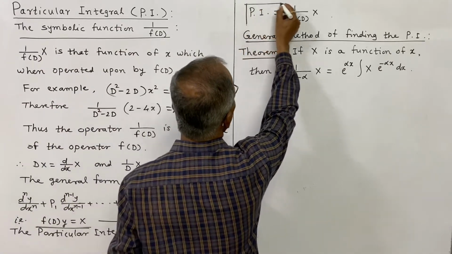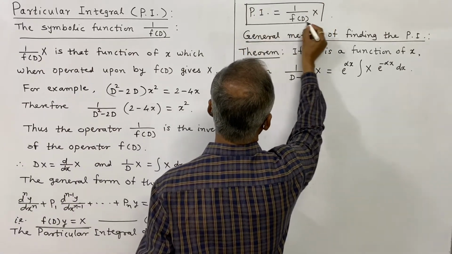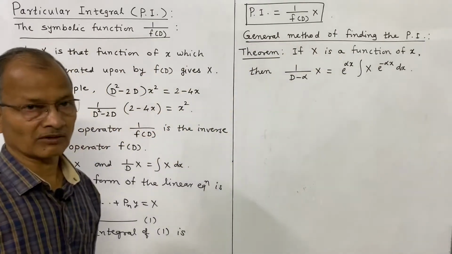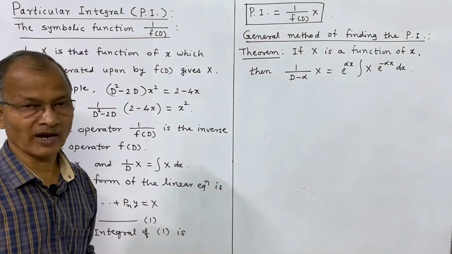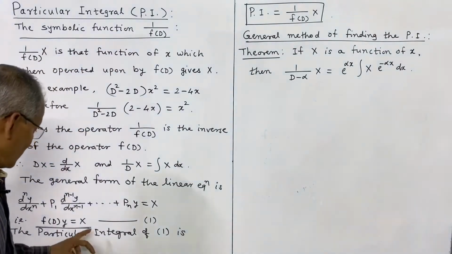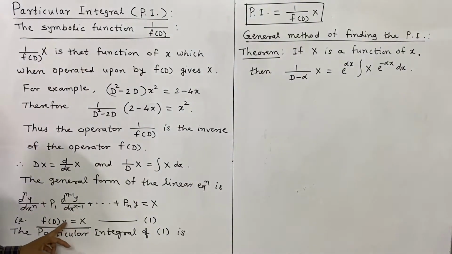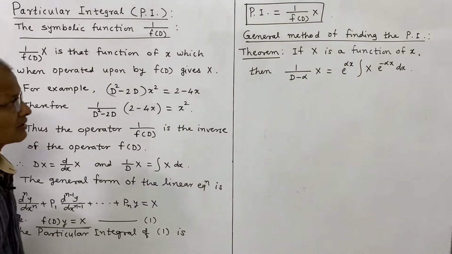PI is 1 upon f of D operated on X. So this is the particular integral, and now we have to study the methods to find the particular integral of the given linear equation with constant coefficients.